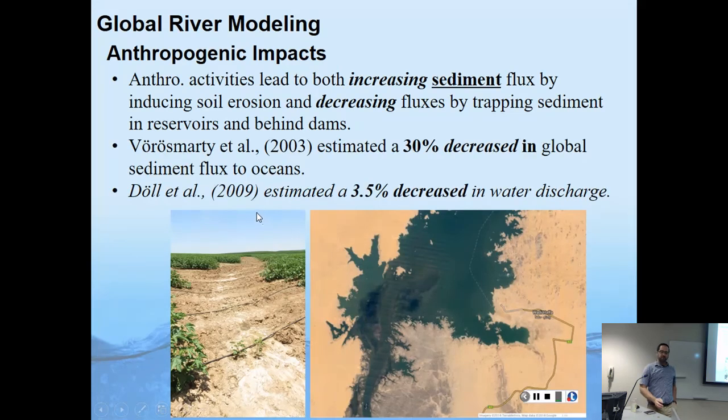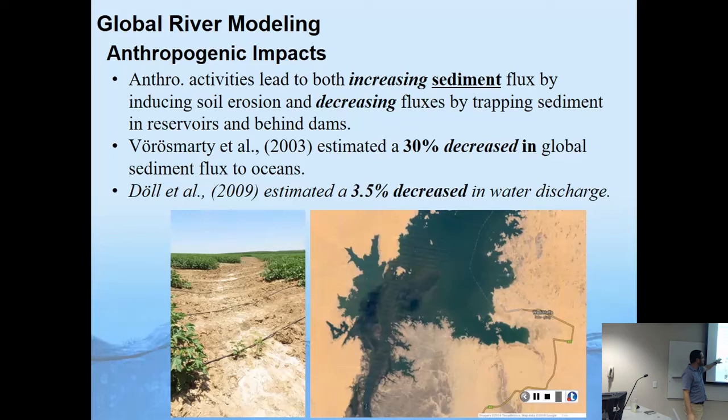So people have been interested in that for quite a number of years. So there's been an estimate. Boris Marty in 2003 estimated that the net effect of anthropogenic activity is a 30% reduction in sediment flow to global oceans. So even though we disturb the sediment a lot, the dams are so efficient at trapping sediment that the net effect is a 30% reduction.